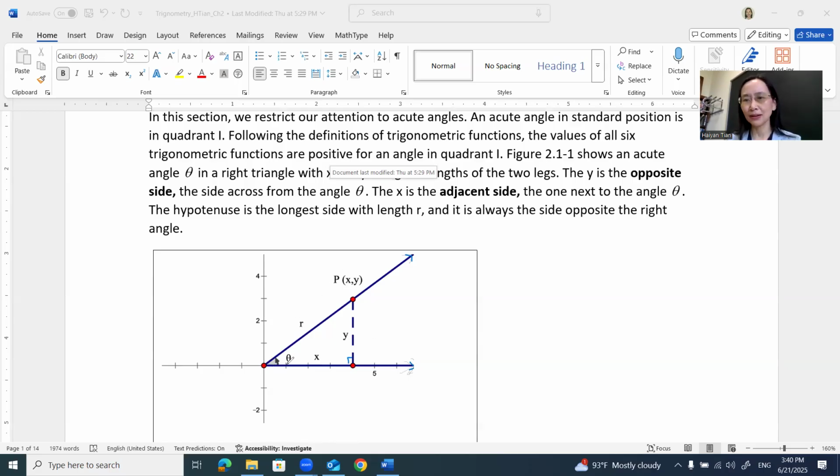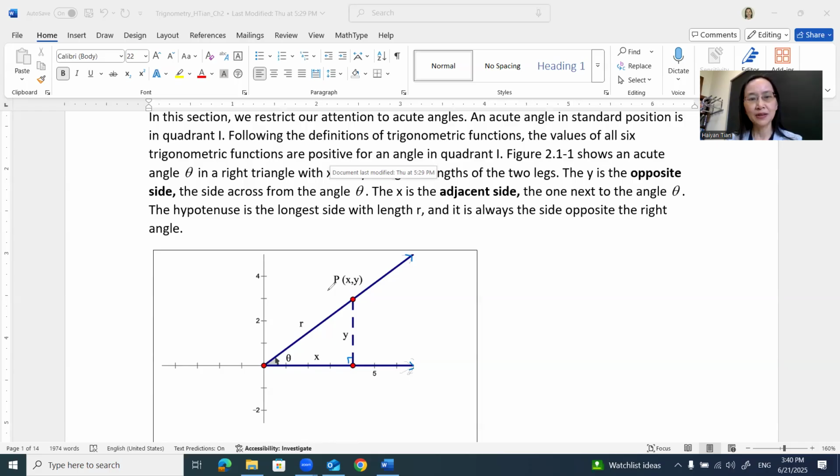But this theta is an acute angle. And as you can see, in order to decide the trigonometric function values at theta, we need to know a point on the terminal side of theta.